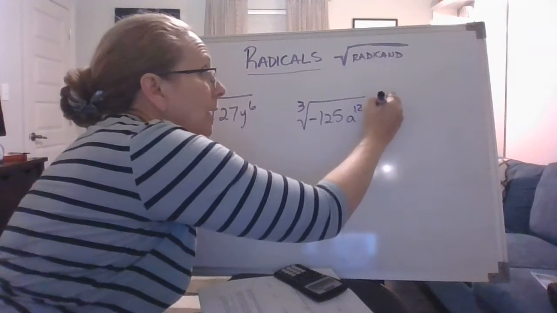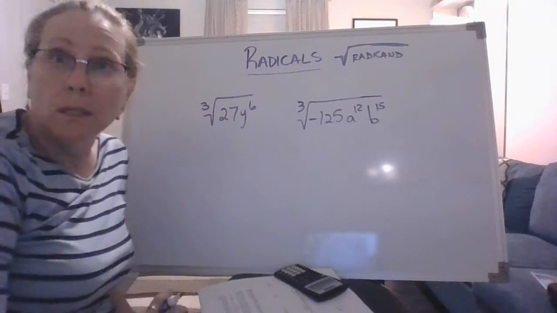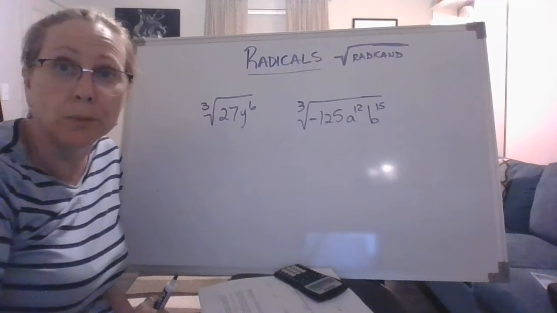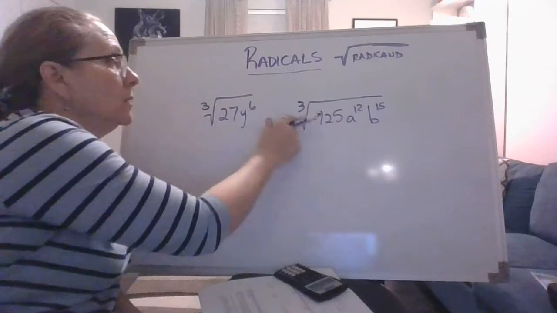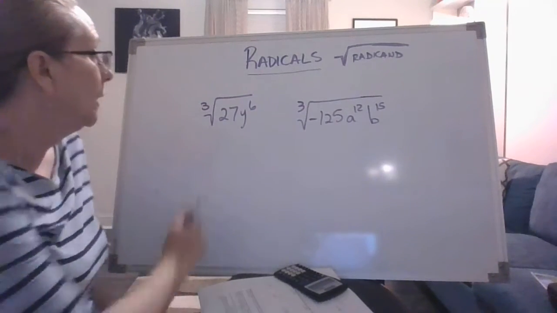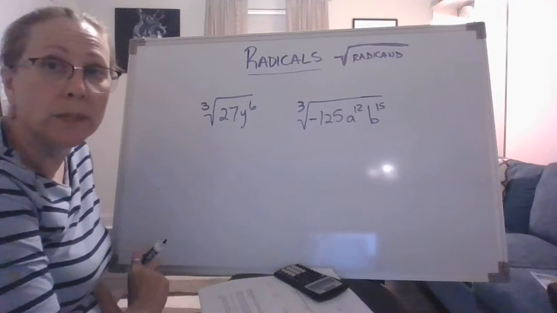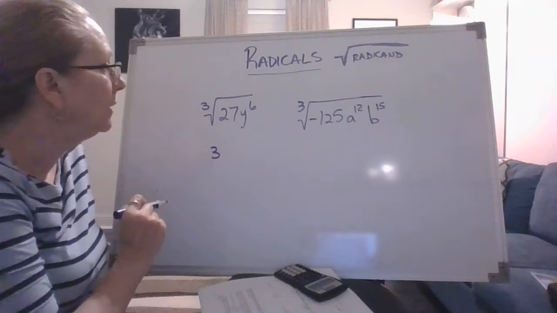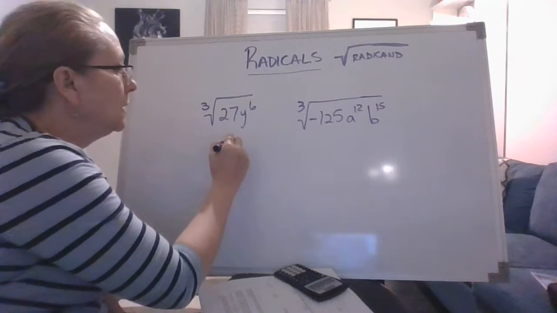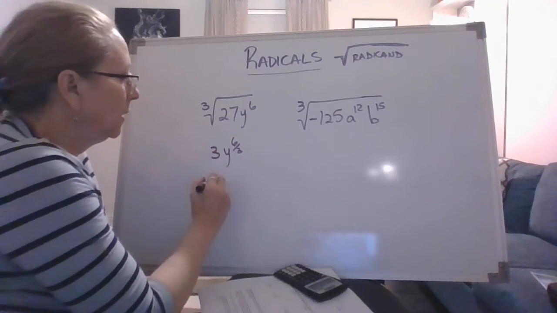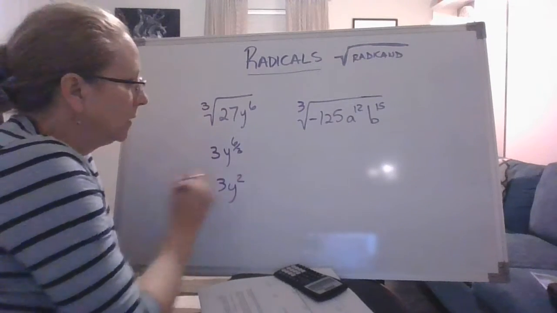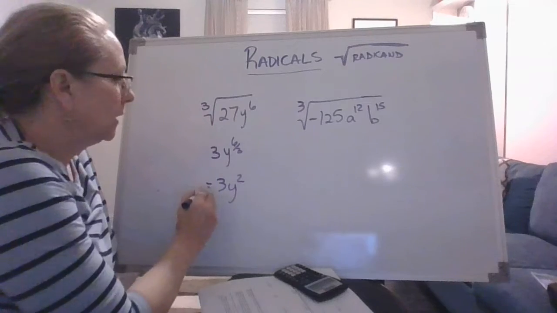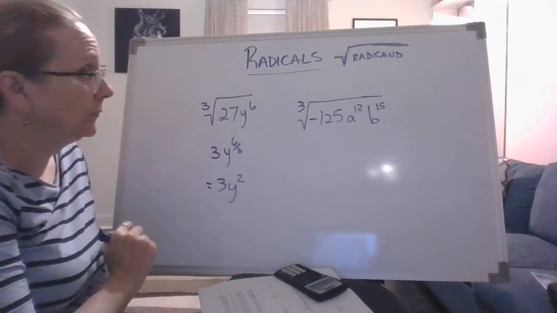Same rules apply. For any variable, you take its exponent and divide by your root. The third root, the index is already given, 3. Well, the cube root of 27 is 3. 3 times 3 times 3 is 27. y to the 6th divided by 3 gives us 3y to the 2nd. 6 divided by 3. That's your answer.